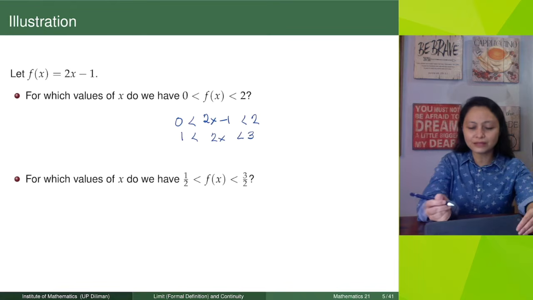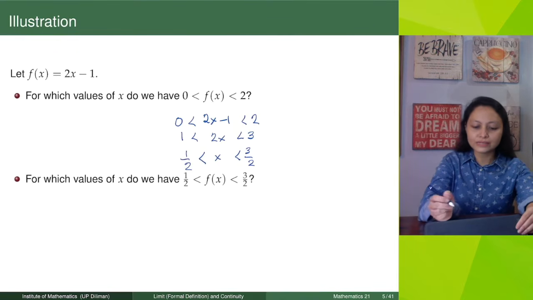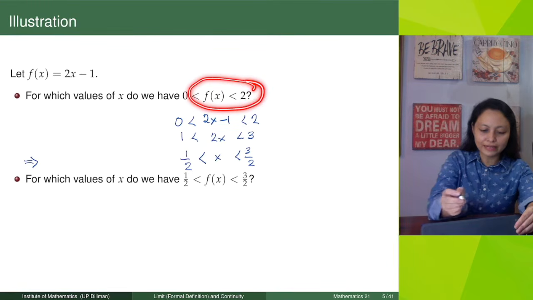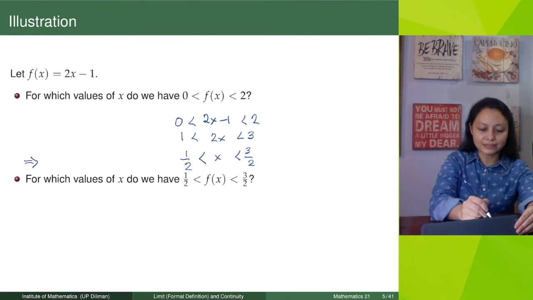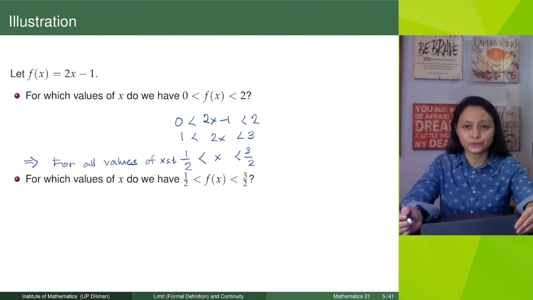And dividing everything by 2, we have x less than 3 halves and greater than 1 half. Therefore, we say that this inequality is satisfied for all values of x such that this inequality holds.